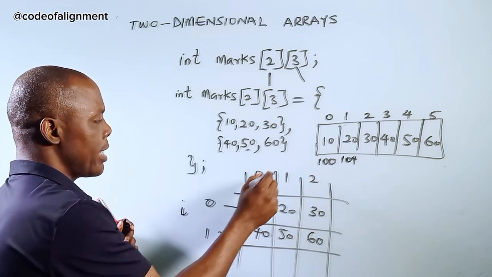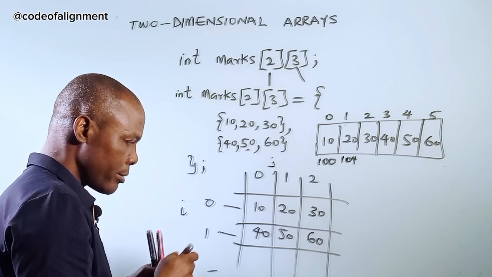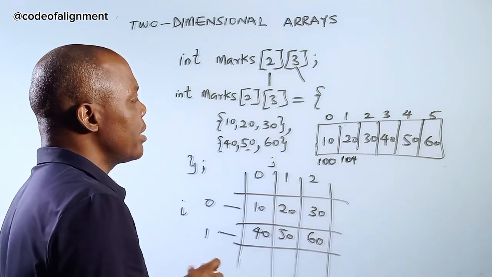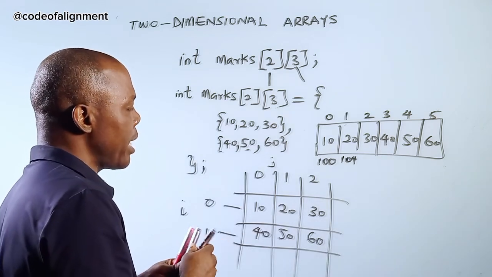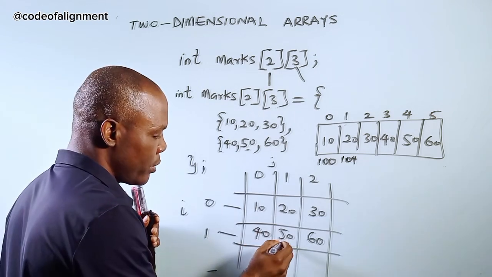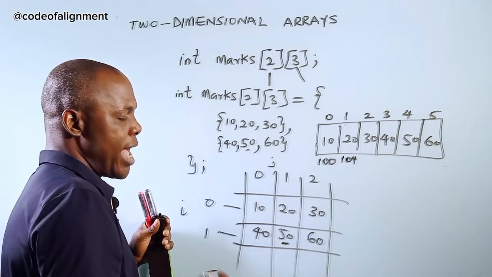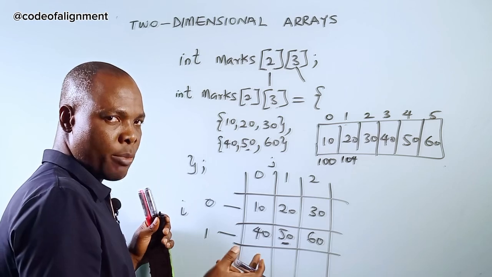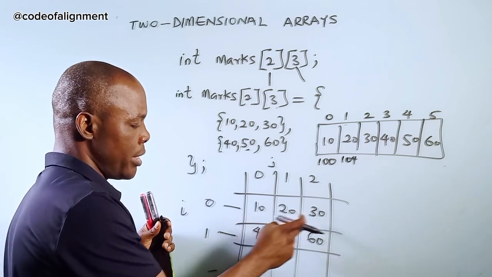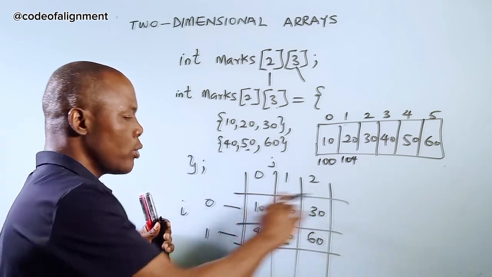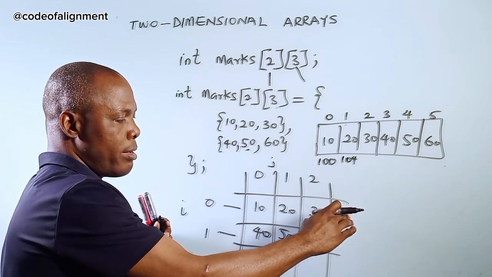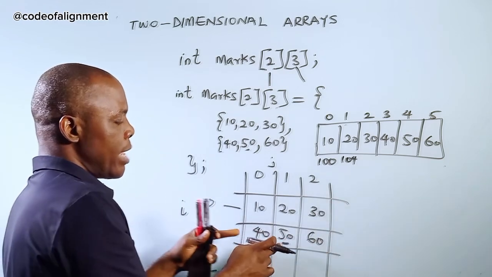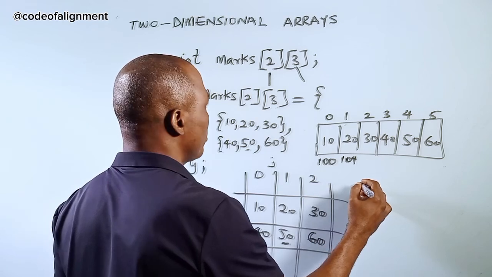So this is I, and this is J. Now, to derive the formula, assuming we are looking for this 50, how many elements are we going to skip before getting to 50? 1, 2, 3, 4. So we have passed this.